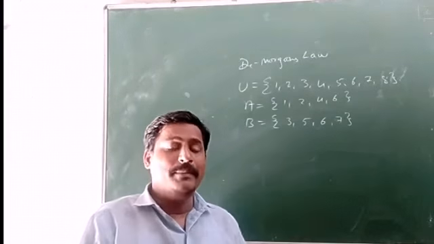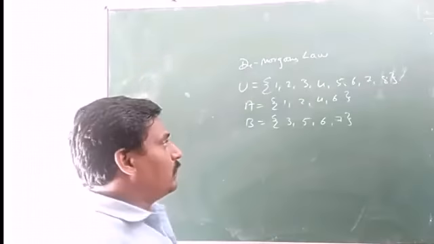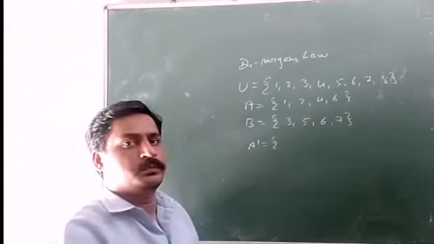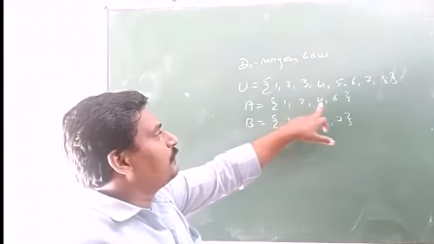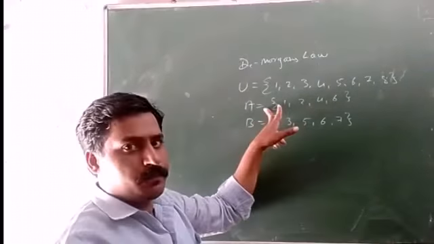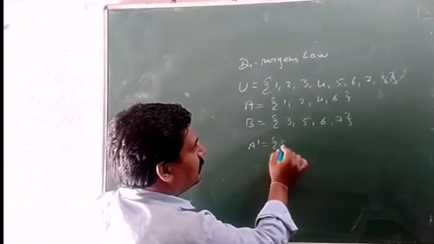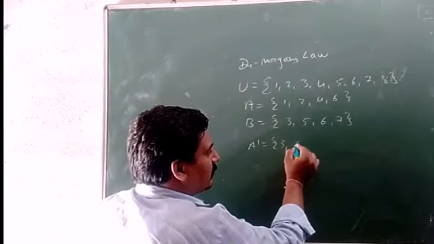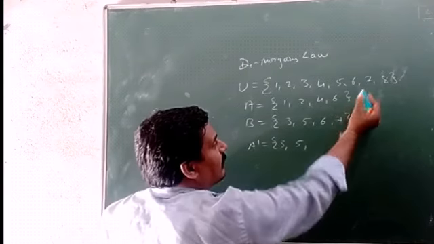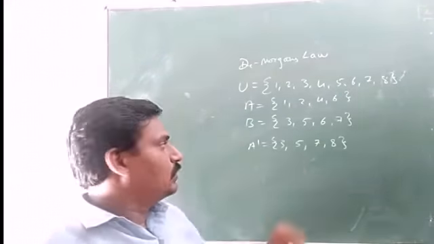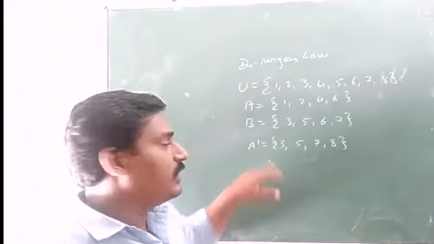Now, the complements of these two events. A dash is equal to, 1, 2, 4, 6 are there in A, so we take which are not there in A: 3 is not there, 5 is not there, then 7 and 8 are not there. So 3, 5, 7, 8 belong to A dash.